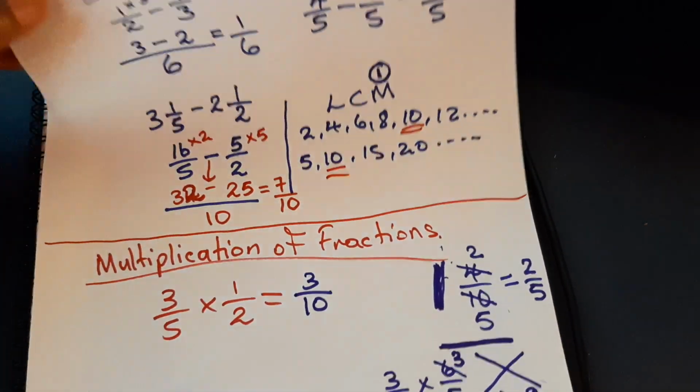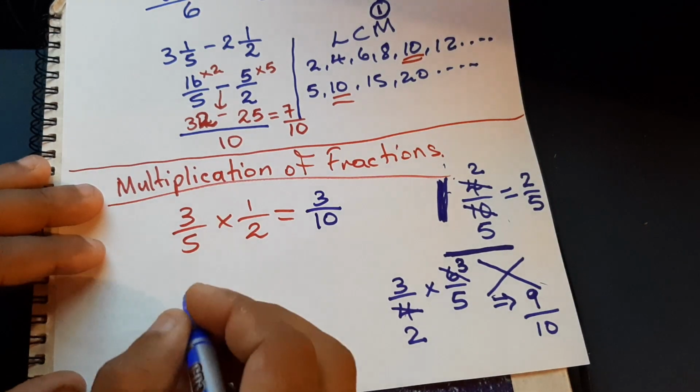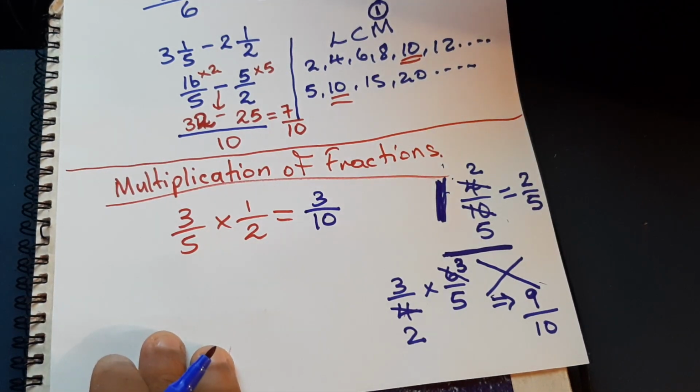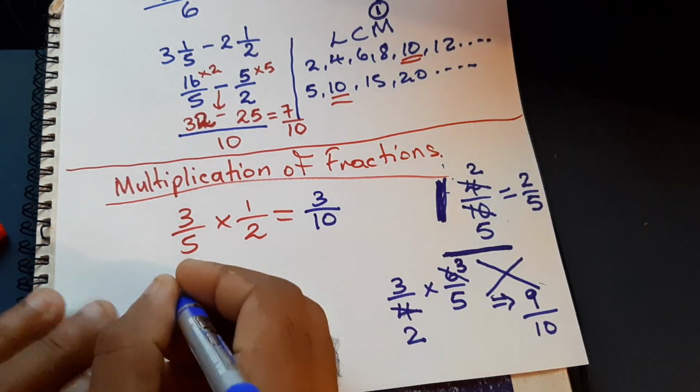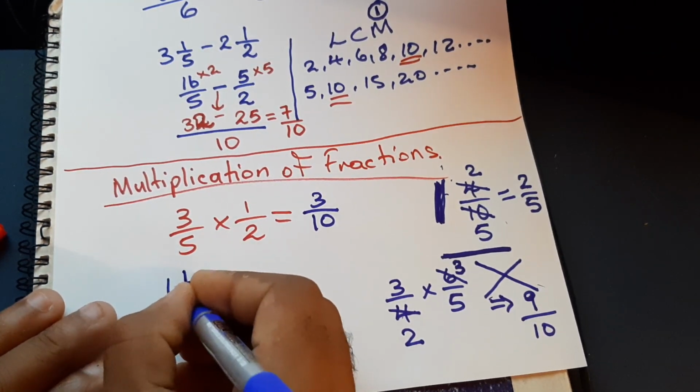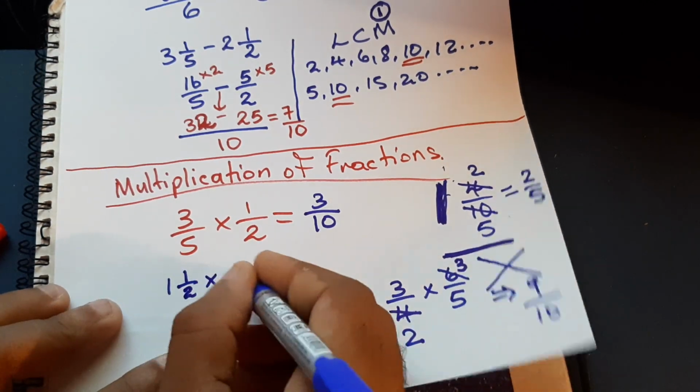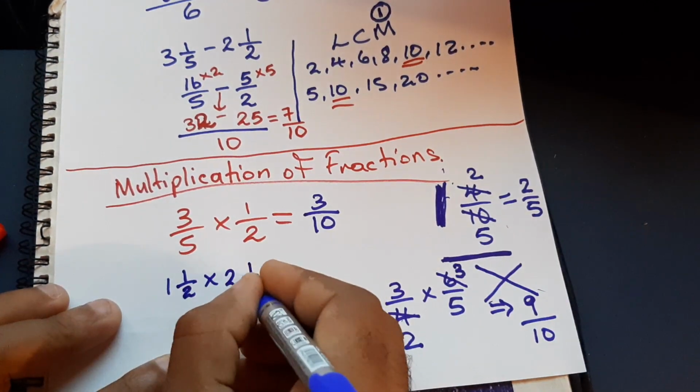Now let's look at another example. Let's say this one, I'm going to make it a bit harder, so I'm just going to use some mixed numbers. So let's say we had 1 1/2 multiplied by 2 1/3.